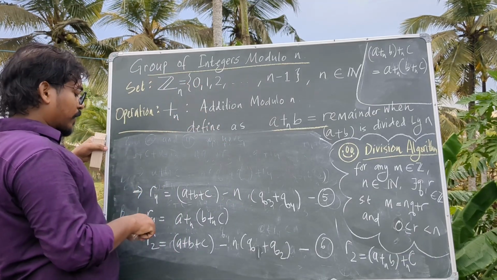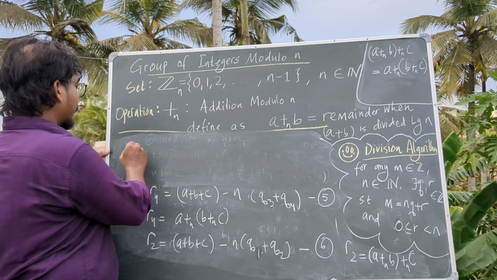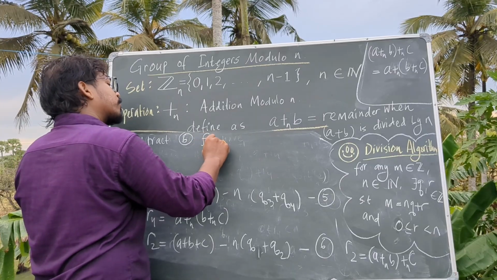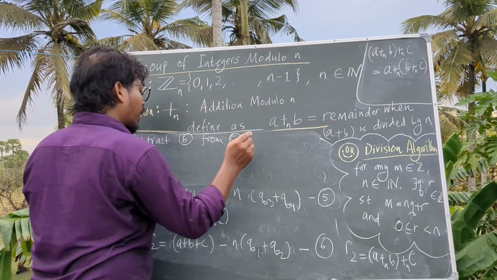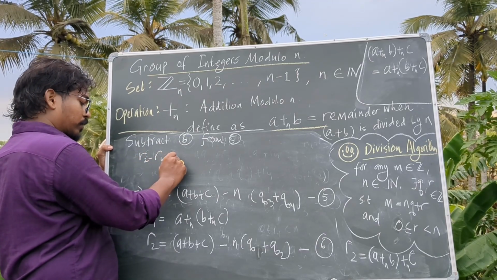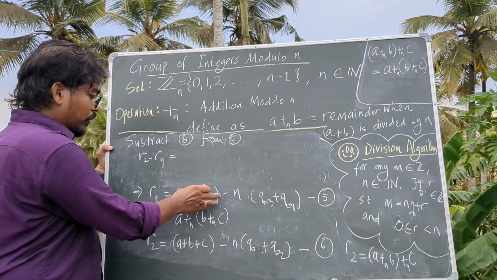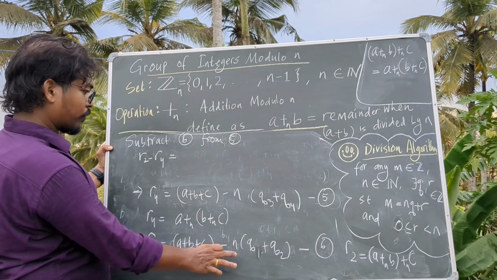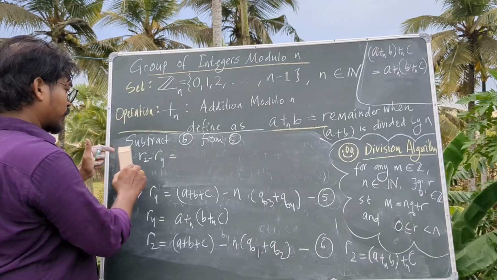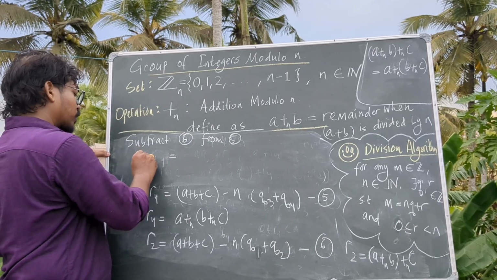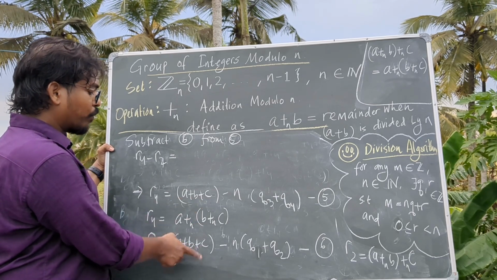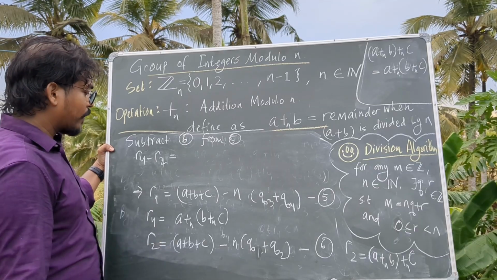So by 5 and 6, let us subtract 6 from 5, and now we have R2 minus R4 equals, this one will be subtracted from this one. So this is R4 minus R2. In the right hand side, A plus B plus C, we have in both the equations and they will be cancelled.